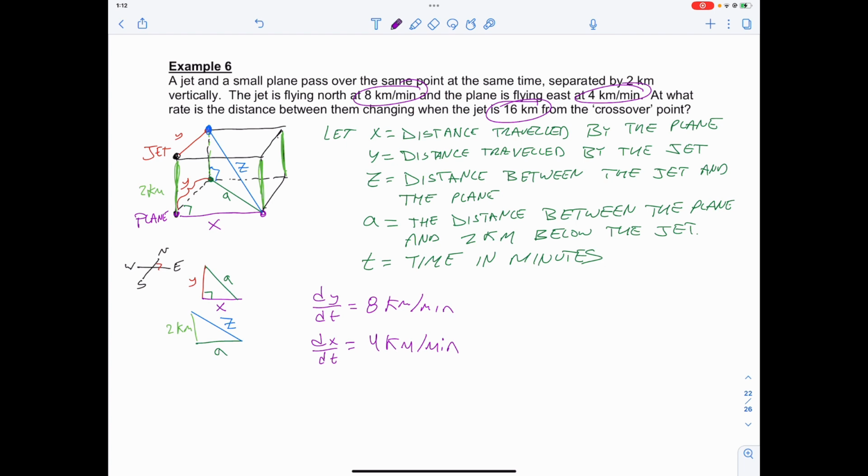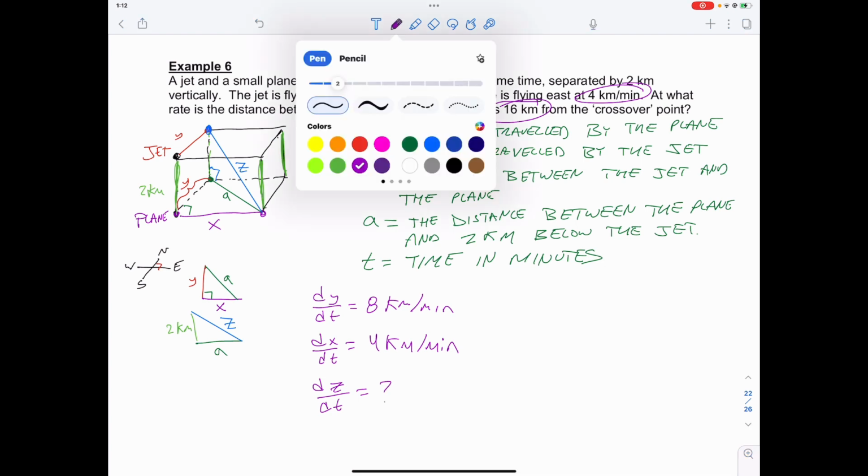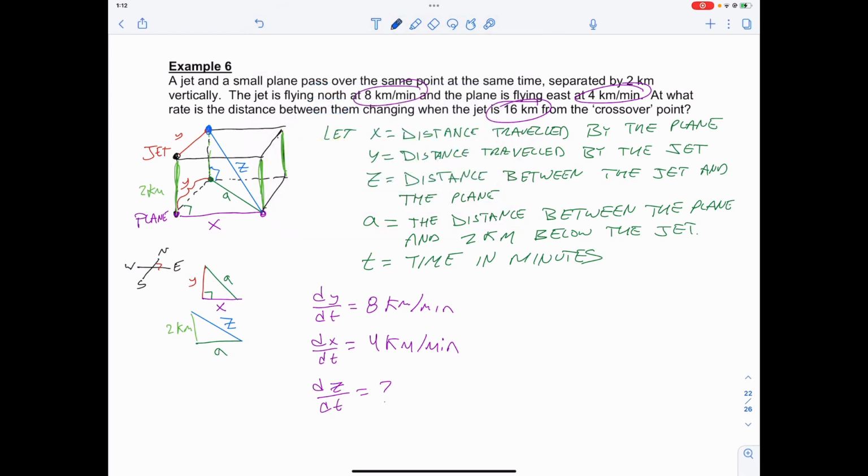We know that we're trying to solve dz over dt, the distance between the two. But beyond that, we also know that the jet is 16 kilometers from the crossover point, which means that at this point y is equal to 16 kilometers.